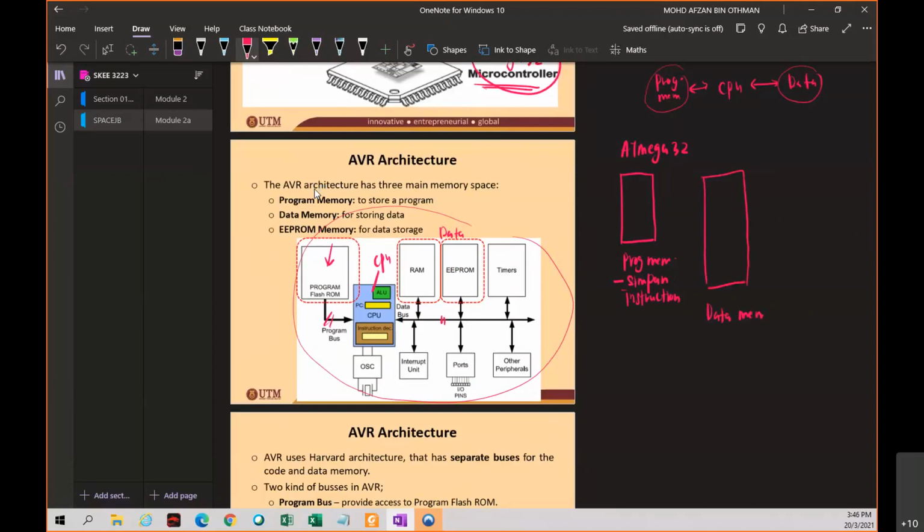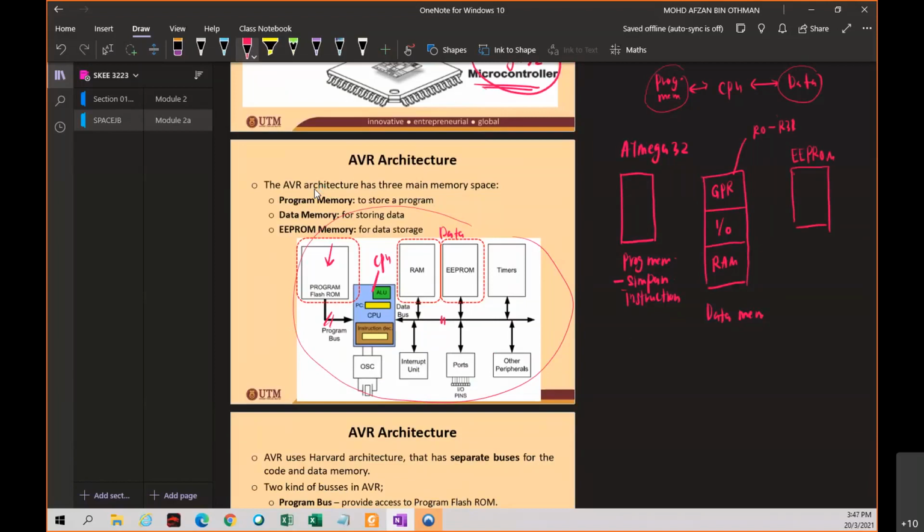So this data memory, if you look here, you will have RAM, I/O registers, and GPR. This GPR is the R0 to R31 from earlier. So this is the GPR, General Purpose Register. And the last memory is the EEPROM.